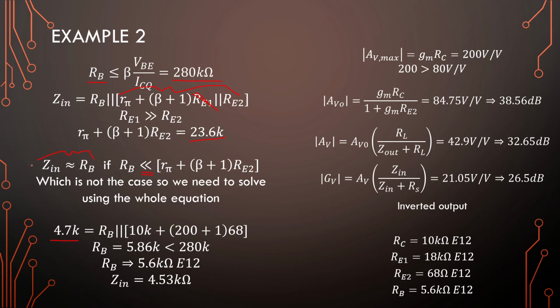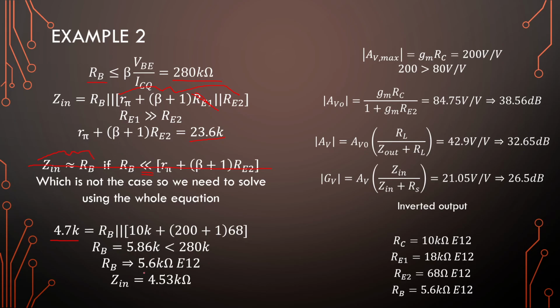So in this problem, we can't do this. We need to work with the whole equation as is. So 4.7k is equal to this monstrosity, and we already calculated this as 23.6 kilo ohms. And RB calculates at 5.86 kilo ohms, which is much less than 280 Ks.